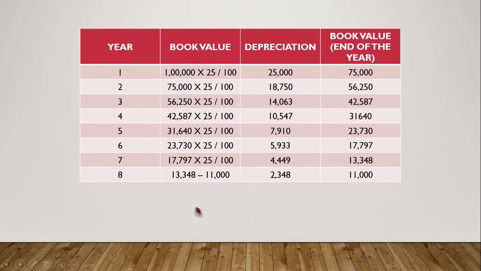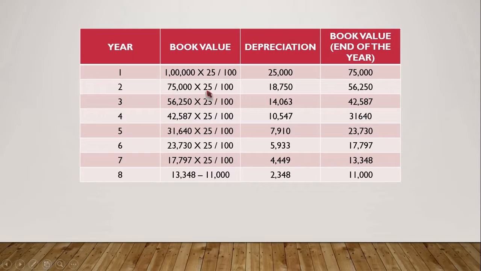Next, this is the 8-year calculation of depreciation. See here, 1 lakh into 25 divided by 100, the depreciation is 25,000. Book value at the end of the year is 1 lakh minus 25,000, that is 75,000. In the second year, the cost of the asset is 75,000.